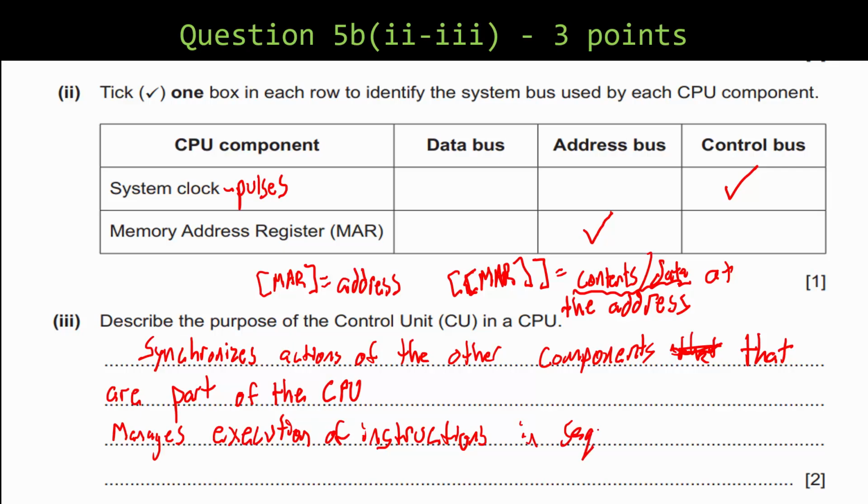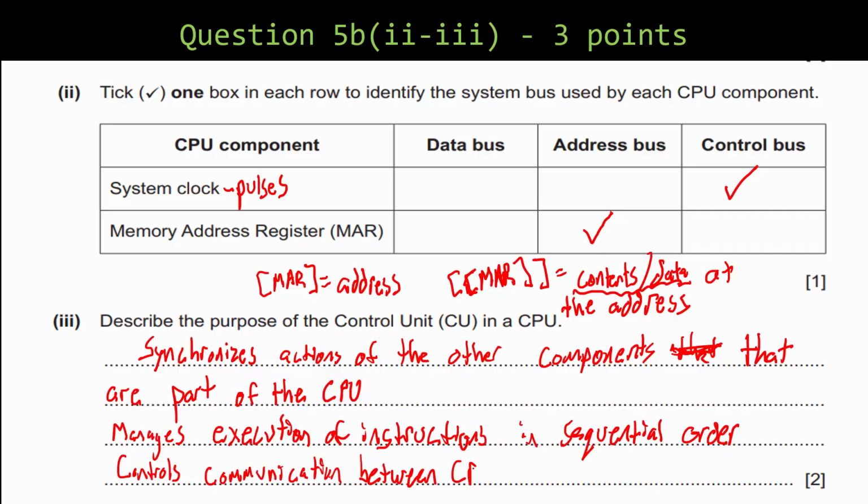And all that means is we're going to follow a sequence of steps. You can also jump around. There's different jump commands that can happen. And it controls communication. You only need to list 2, but this will be, I'm pretty sure, everything. It controls communication between the CPU components.